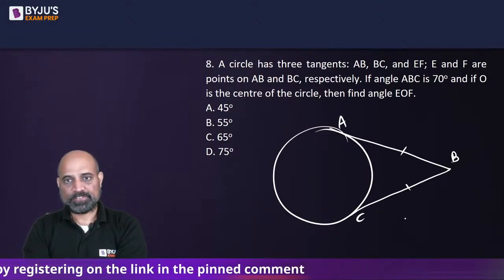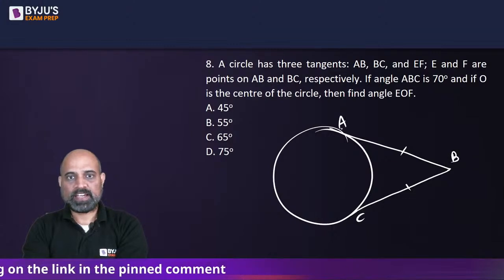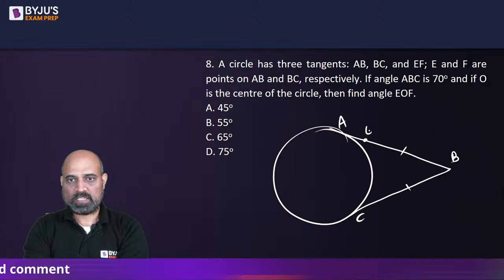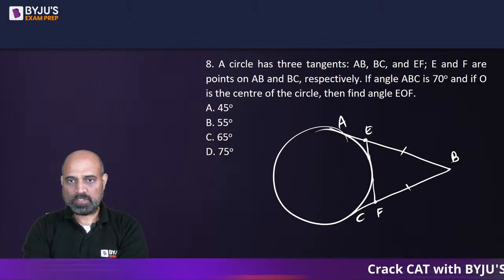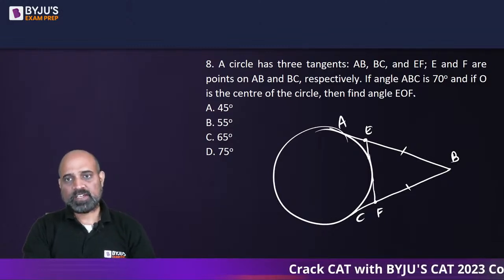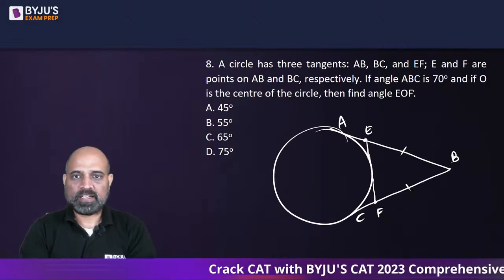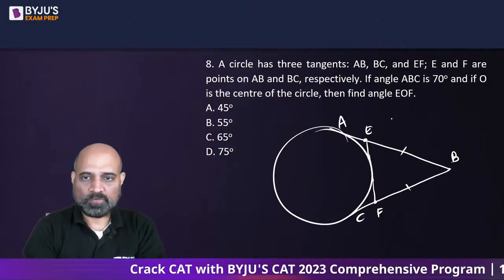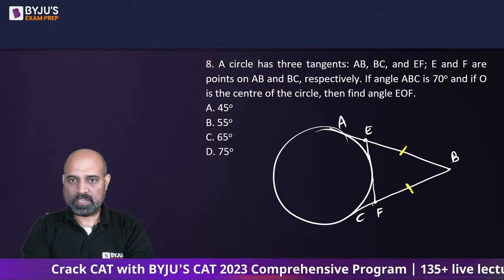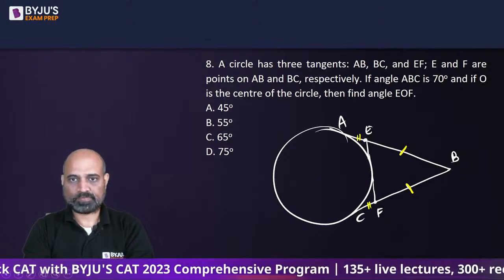And EF. E and F are points on AB and BC. Okay, so this one is E and this one is F. So this is the third tangent. Now what will happen is this is equal to this and these two are equal.